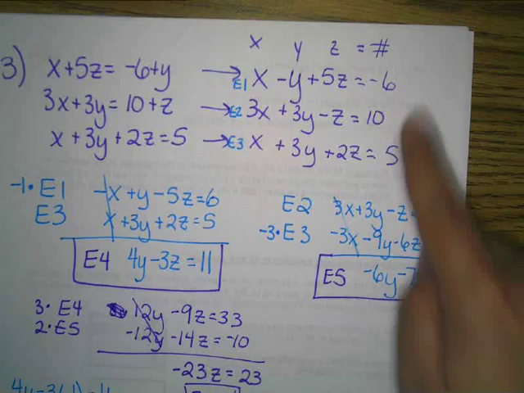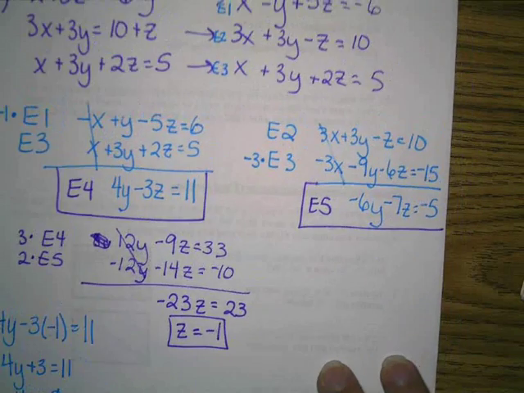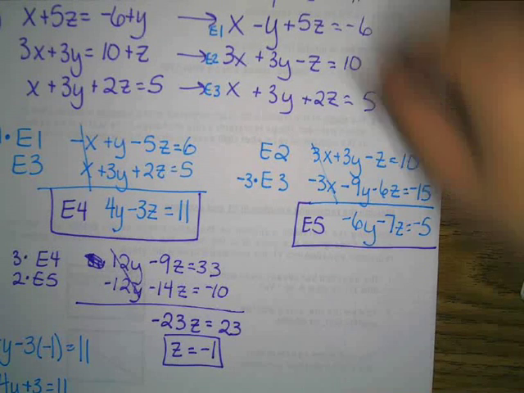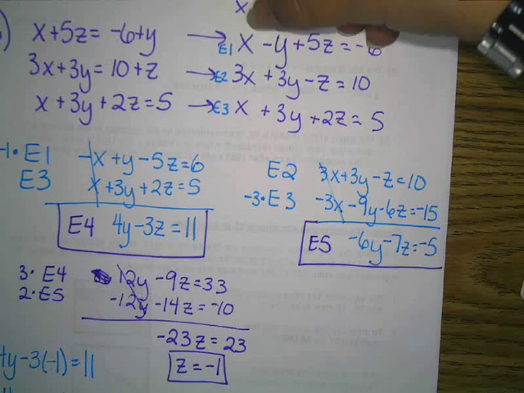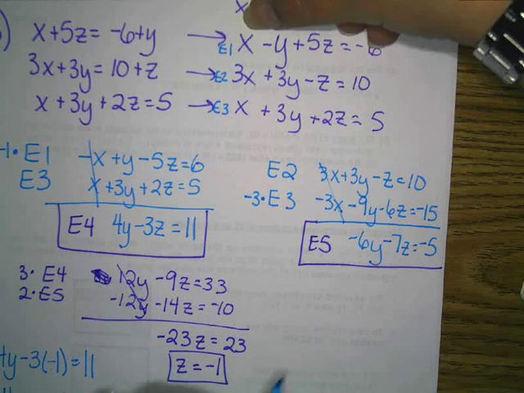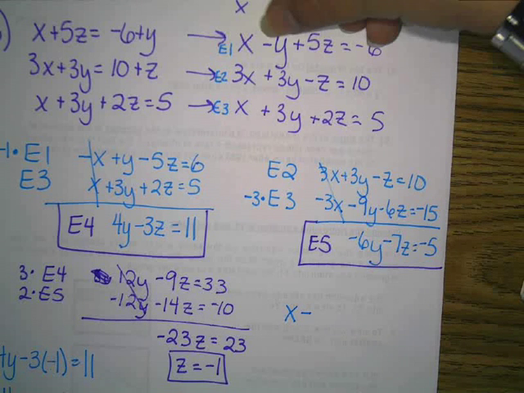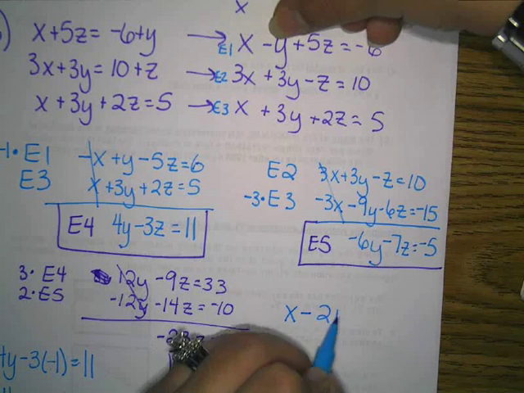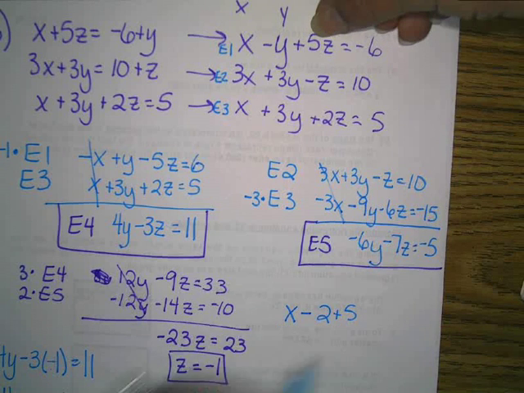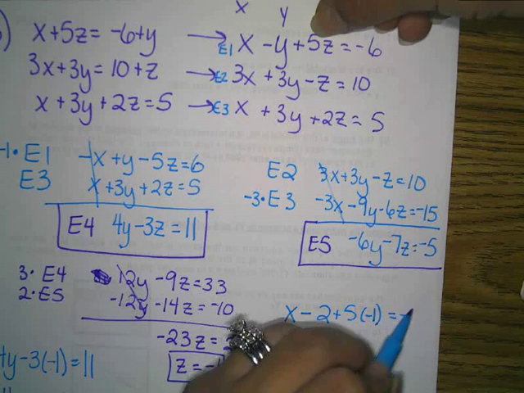I can go back to E1, E2, or E3 to plug those in. So I'm going to use E1 right here. And I have x minus y, and we said y is 2, plus 5 times z, which is negative 1, equals negative 6.